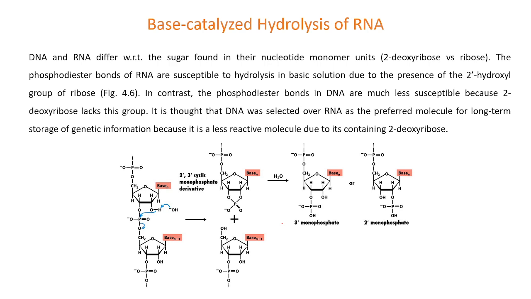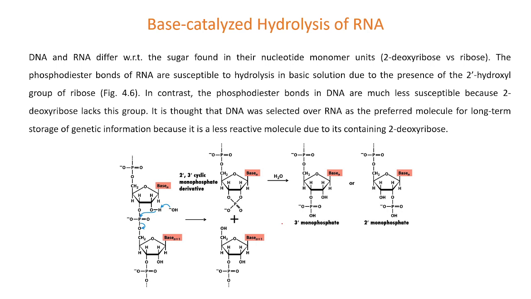Now coming to the base catalyzed hydrolysis of RNA. DNA and RNA differ in different aspects. The difference is with respect to the sugar found in the nucleotide monomer units, that is 2-deoxyribose versus ribose.